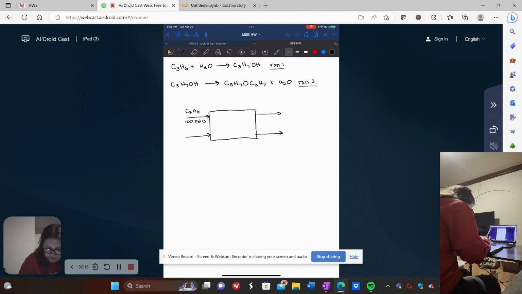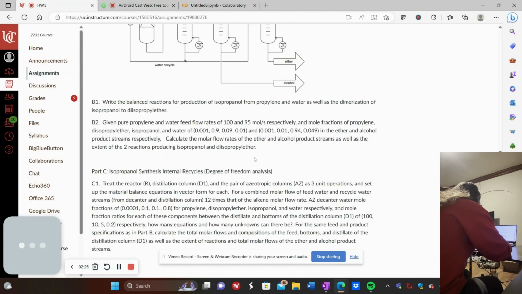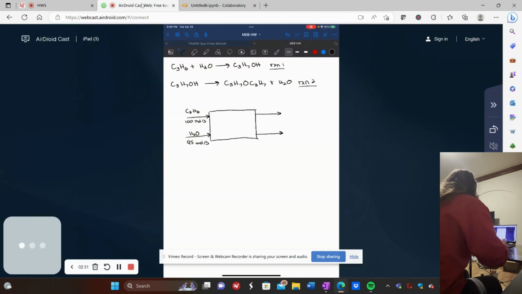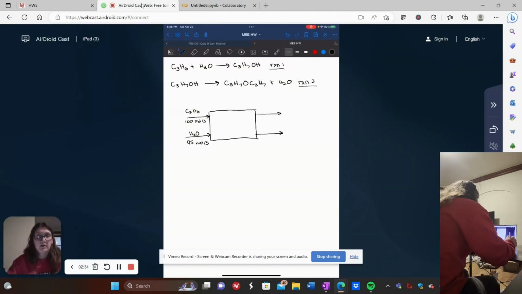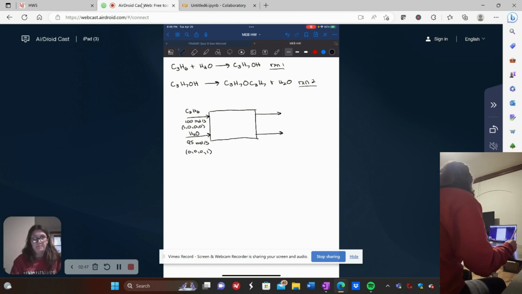And then we have our water at 95 moles per second. Just going to double check that that's correct. 95, perfect. And then we are going to say that these are pure inflows. So we have 1, 0, 0, 0 for propylene, and 0, 0, 0, and 1 for water.